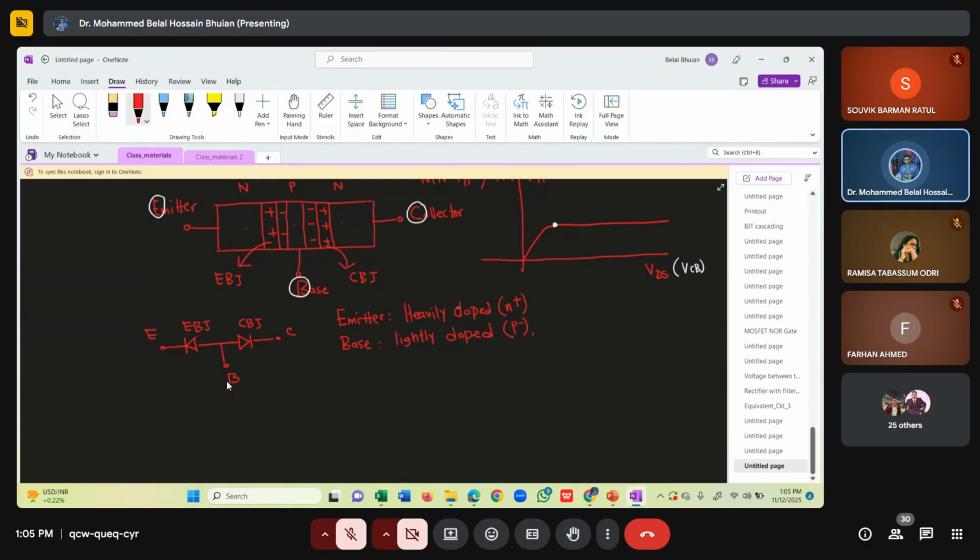And also the base region, you have noticed, is narrow in width compared to the emitter region and the collector region. And finally, the collector is neither heavily doped nor lightly doped, so normally doped.